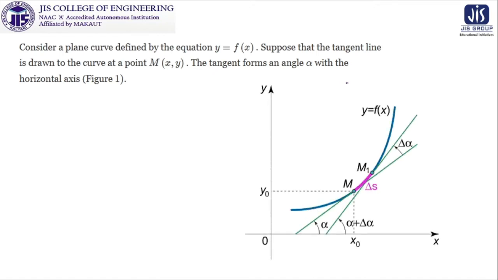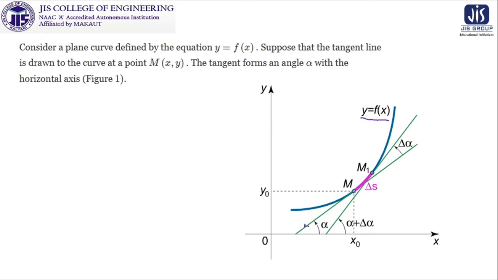So if we see the diagram, the plane curve is this one, y equals f(x), and at this point M, whose coordinates are (x, y), we are drawing a tangent. So this is a tangent. This tangent creates the angle alpha from the positive x-axis direction. So this is alpha.